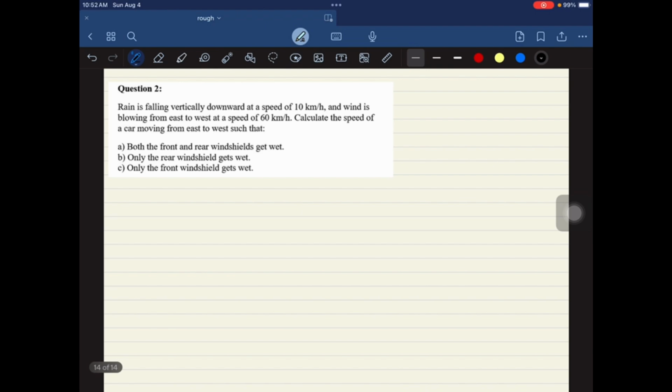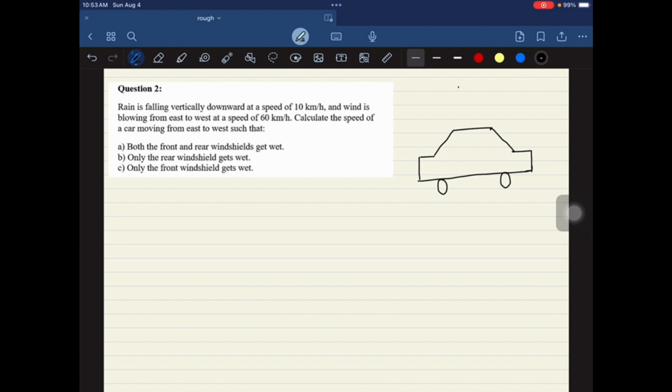So first we need to visualize the car and how the rain is falling and how the phenomena is going around the car. First, if we draw the car, this is our car. Rain is falling vertically downward at a speed of 10 km per hour.